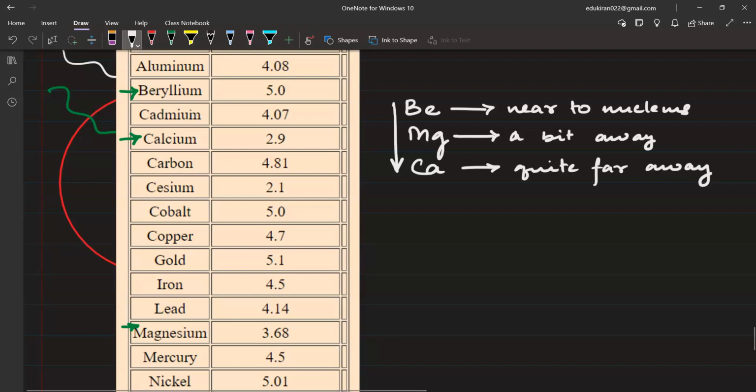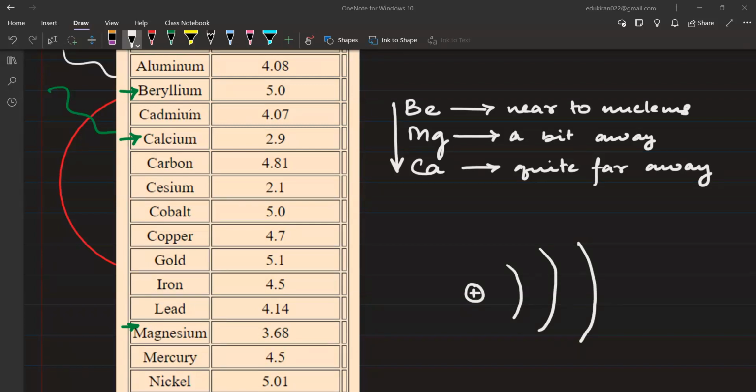So Bohr said, okay, fine. If each electron requires a particular energy to get ejected, then for beryllium the electron will be here, for magnesium here, and for calcium a bit far away. No matter where you take beryllium from, it has the same work function.